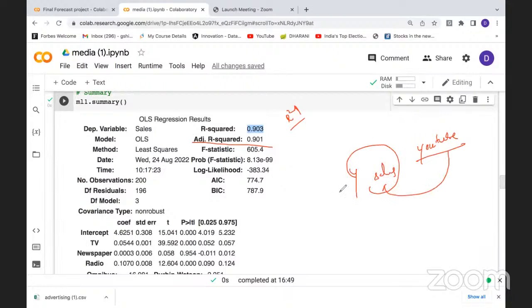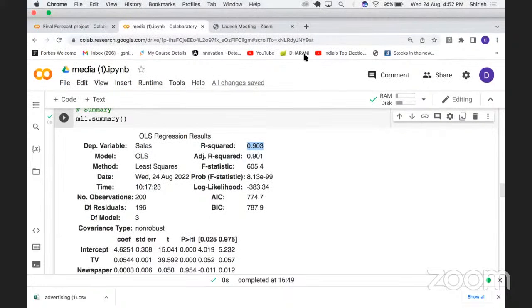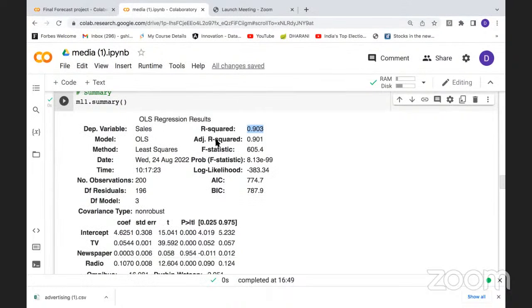If both go hand in hand, then YouTube is important, Facebook is important, Insta is important, meaning they are important inputs for the prediction of Y, the sale of a product. If you do an ad via YouTube, the sales are increasing, because nowadays people are spending more time on these platforms.